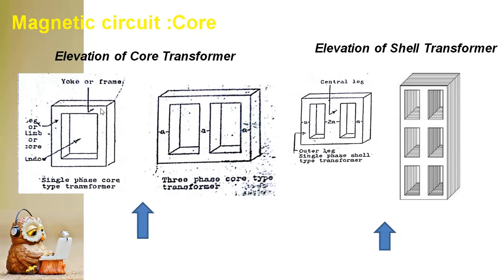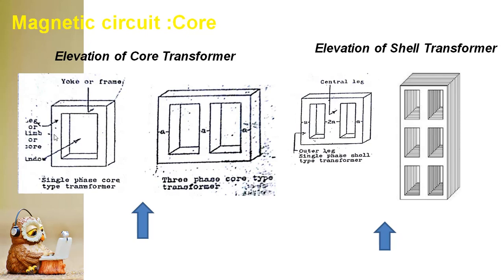In this core, the horizontal portion is called the yoke, and the vertical portion of the core is called the leg or limb. The portion between the legs is the window. Vertical portion is the limb, and horizontal portion is the yoke.